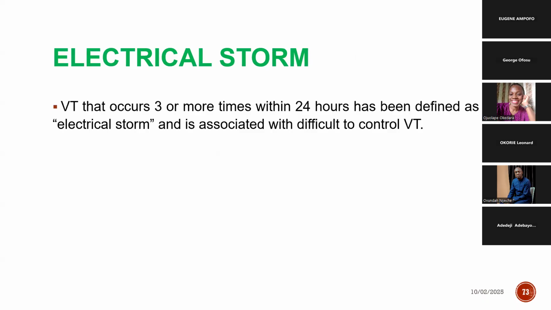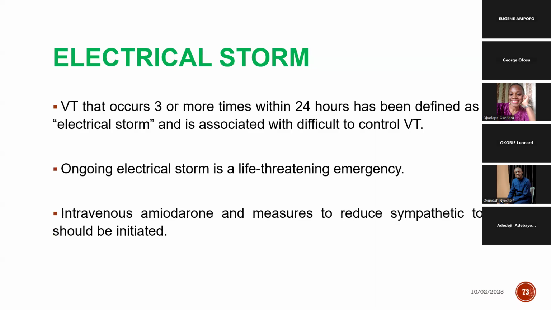Okay, so now we'll look at electrical storm. This is when VT occurs 3 or more times within 24 hours. This is usually defined as electrical storm, and this is associated with VT that are difficult to control. And ongoing electrical storm is a life-threatening emergency, and intravenous amiodarone and measures to reduce sympathetic tone should be initiated.